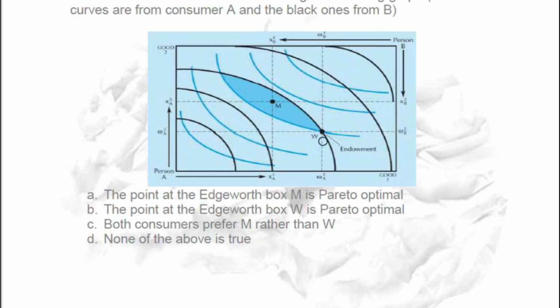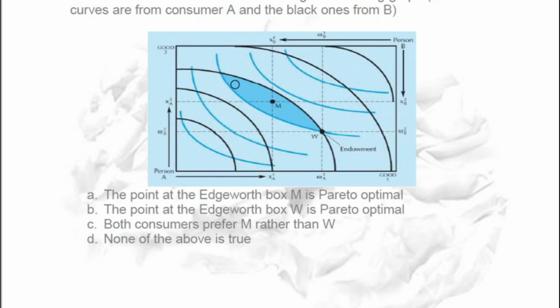Consumer A will be on a more northeast indifference curve, so better off, and person B will be on a more southwest indifference curve, so she will be better off. Then W is not Pareto optimal. Both consumers prefer M rather than W. Yes, I've just explained it.